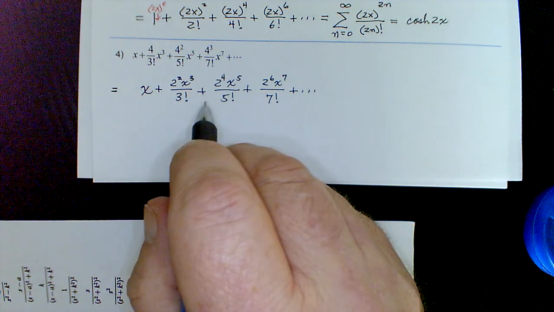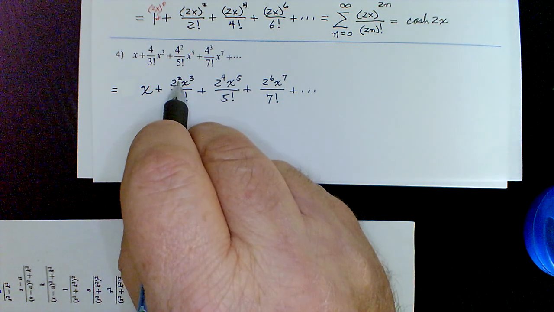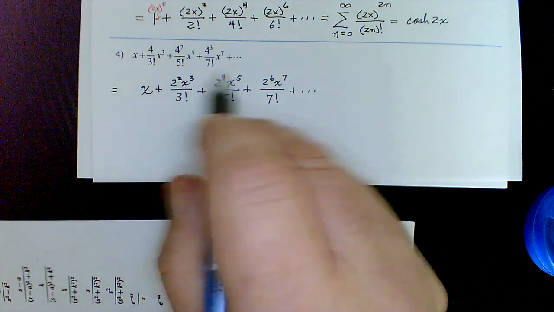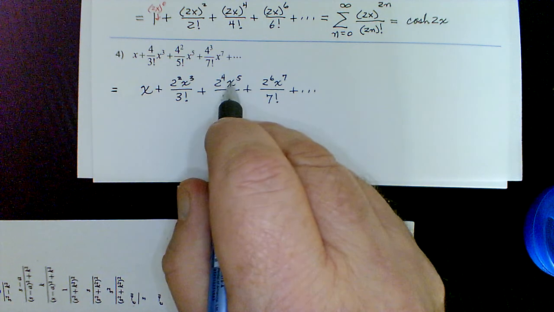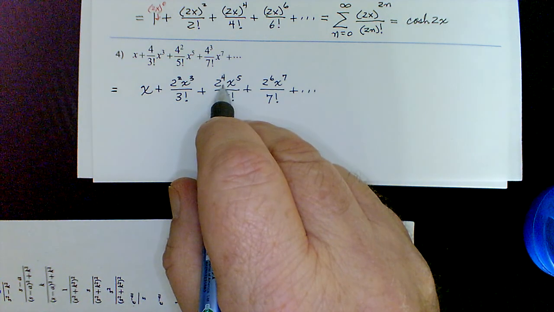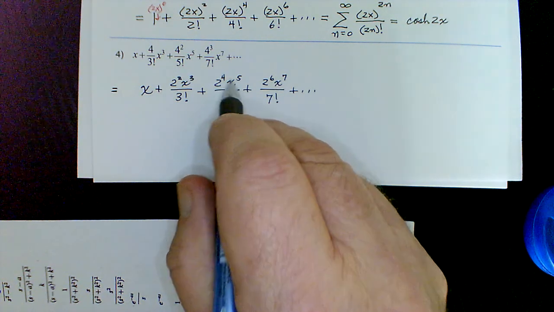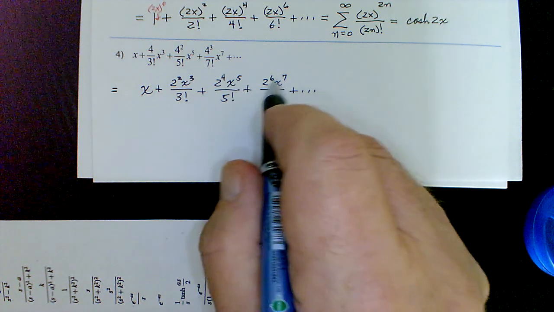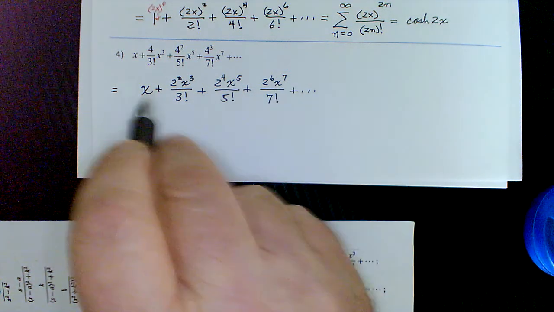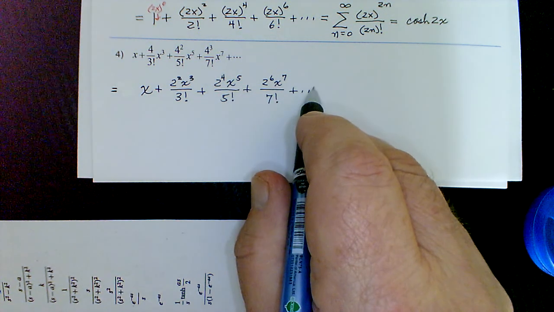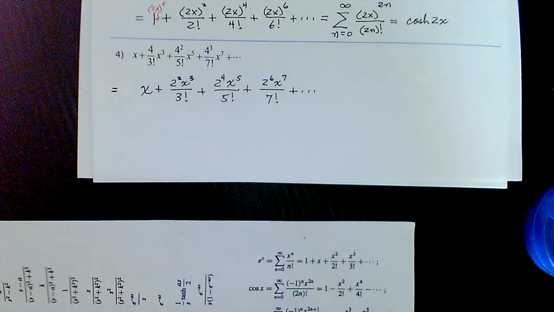That is, if I had one more factor of 2 here, that'd be 2 cubed, and that would match the power on x. If I had one more factor here, that would be 2 to the fifth, and that would match the power on x, and so on. So therefore, if I just multiply everything by 2, I think I've got it.